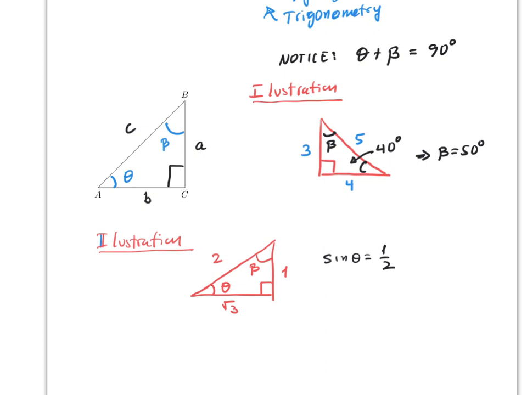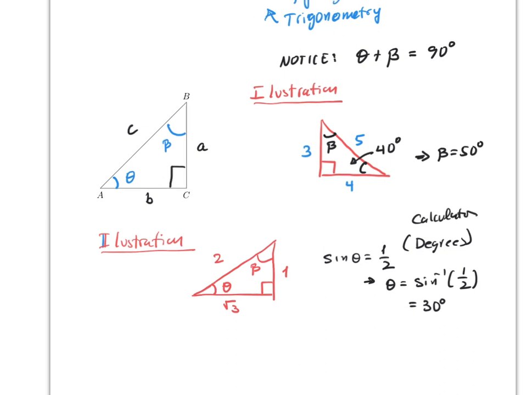You can use a calculator, and to find theta in the calculator, there is a key called sine inverse. So you do sine inverse of 1/2, and you should check that it gives you 30 degrees. You need to make sure though that the calculator is in degrees and not radians.